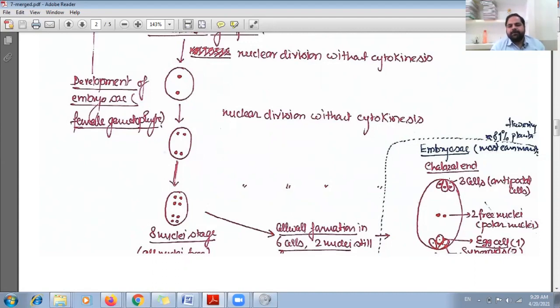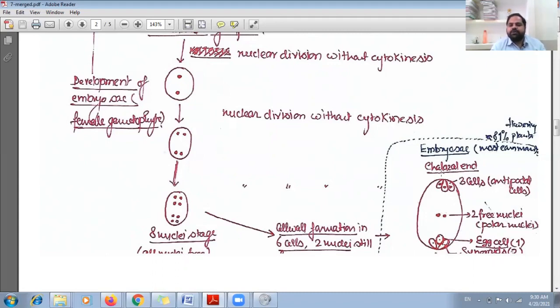So we can see here, this is a single cell, and inside the single cell 8 nuclei were there, 1, 2, 3, and 2. So around 6 cells, the wall formation will take place. We can see here these three nuclei will have a proper boundary, and these three nuclei have a proper boundary, and these two nuclei will not have any boundary.